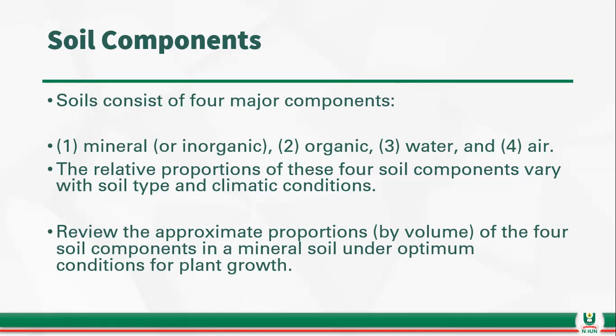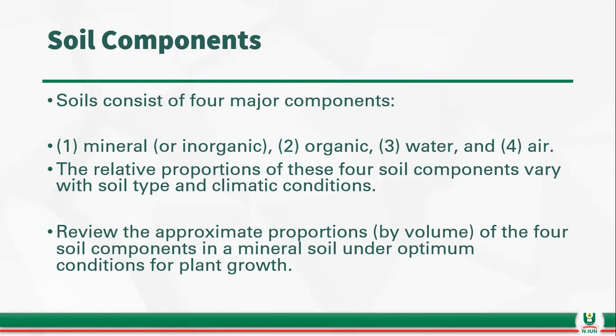Now, we also have water. Water, as I stated earlier, and air are in dynamic equilibrium, in which when one reduces, the other increases, and vice versa. So the relative proportion of these four soil components varies with soil types as well as climatic conditions.